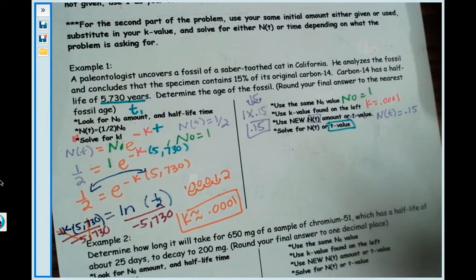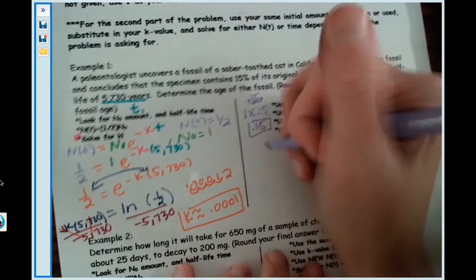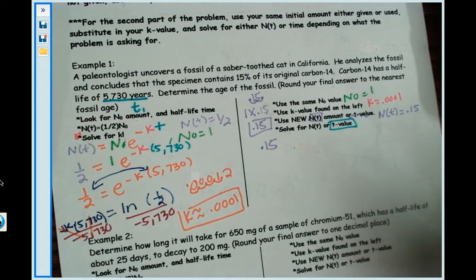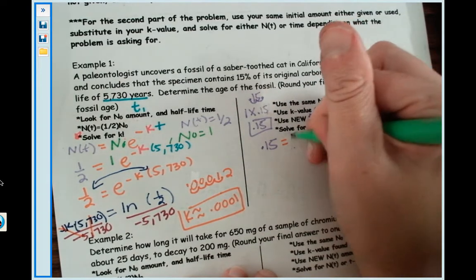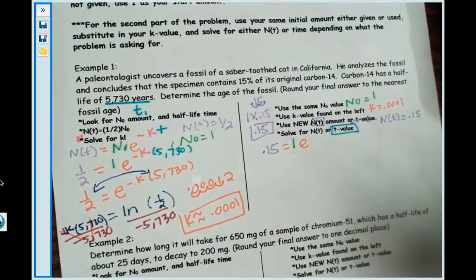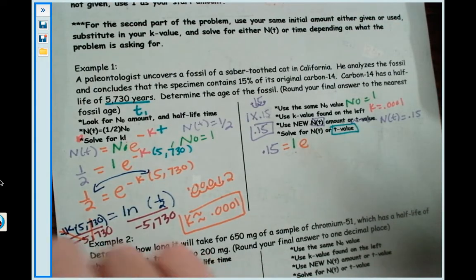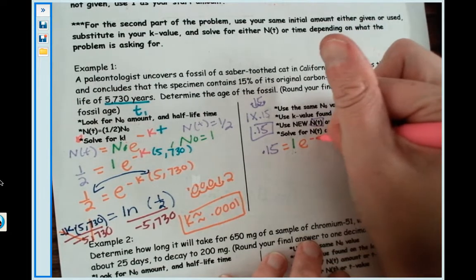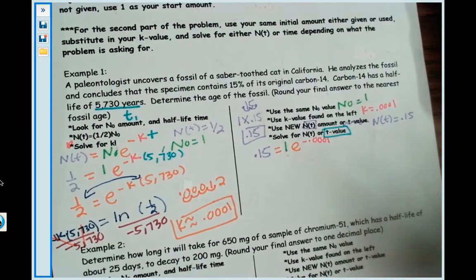Let's go. So our n of t is 0.15, and that will equal n sub 0, which is 1, times e to the negative k, which k is 0.0001. So that will be negative 0.0001 times our t value, which we're solving for.